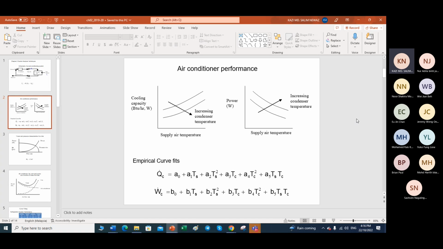So that we find from this graph. And similarly for the power. If we go to a higher supply air temperature, then the cooling power also increases.